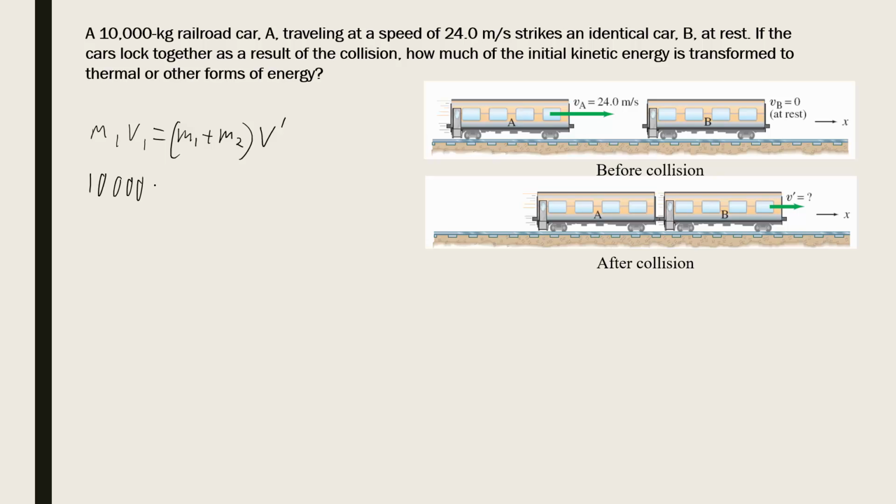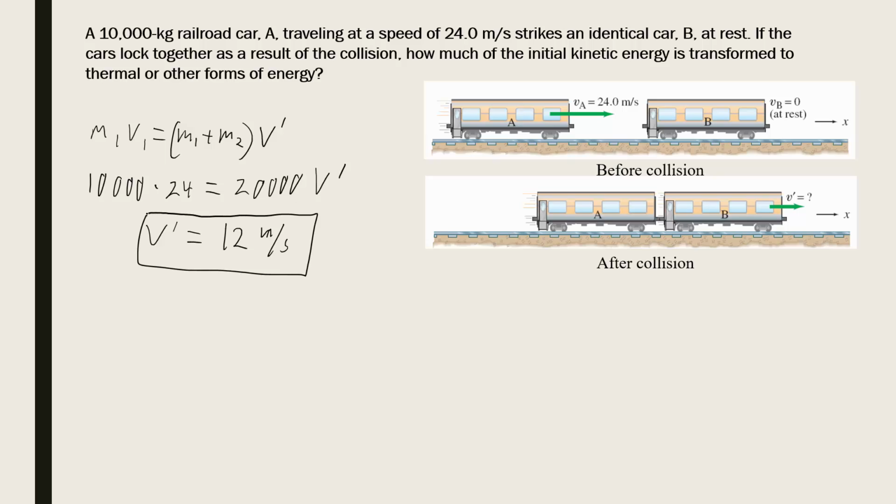We've got a 10,000 kilogram car times 24 meters per second. The mass doubles, so this is going to be 20,000 times v prime, and as you might expect, the velocity gets cut in half, so 12 meters per second. Because we doubled the mass, it got cut in half, though it doesn't always. So there's a nice easy problem.